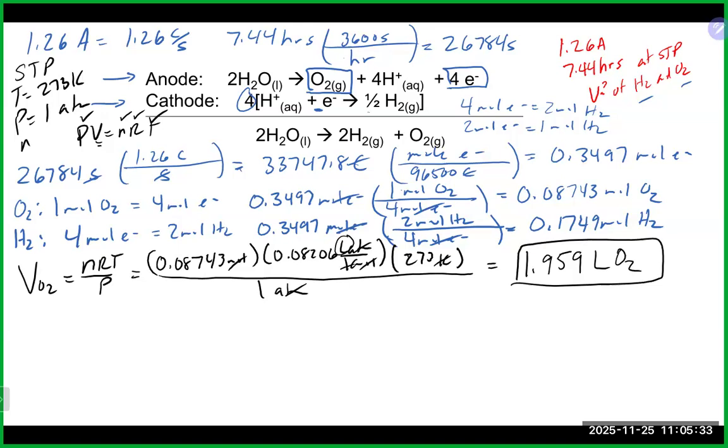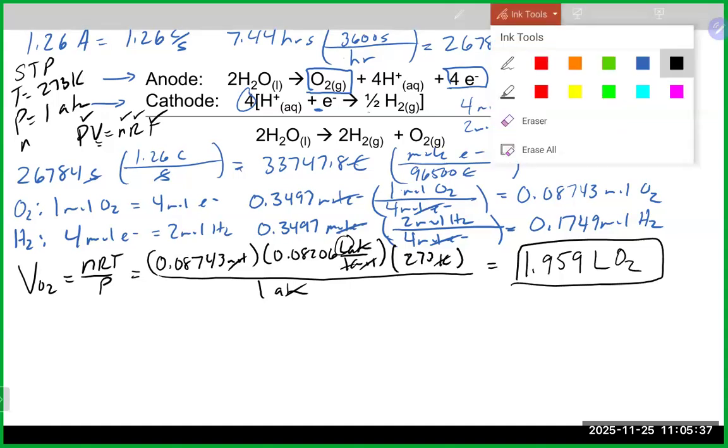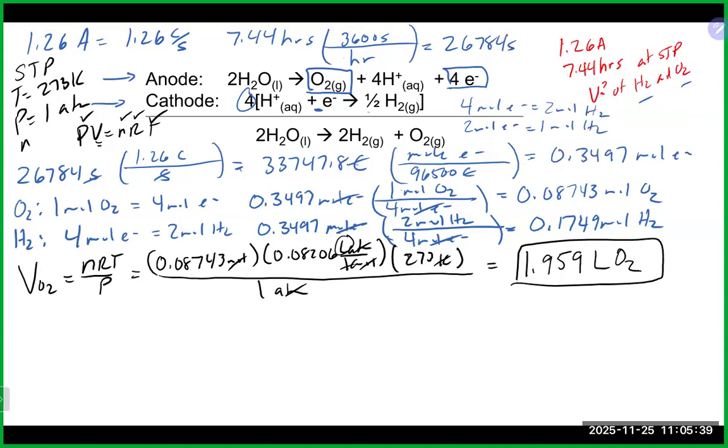We could do basically the exact same calculation here for our hydrogen if you choose. And we'll do it here for our hydrogen. Volume of hydrogen would equal nRT over P. Really, the only change here is going to be we're going to use the moles of hydrogen, which is 0.1749. Everything else here is going to be the same.